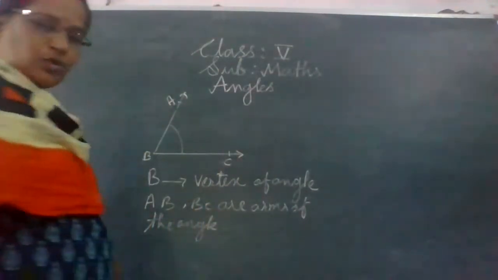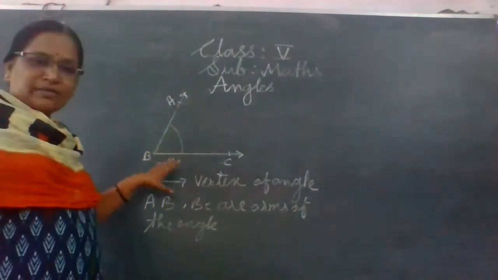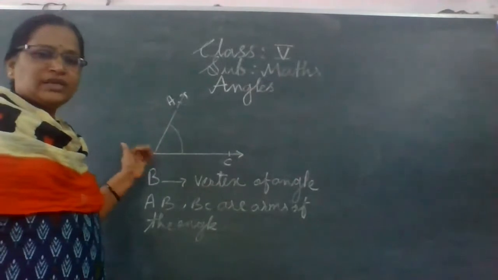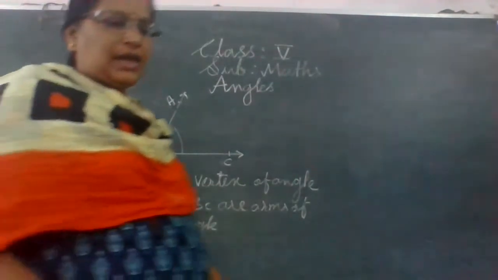Okay, children. So how will you define an angle? When two rays or two segments or two lines join together at a common point, there is the formation of an angle.